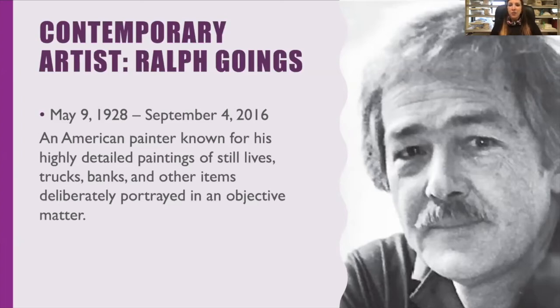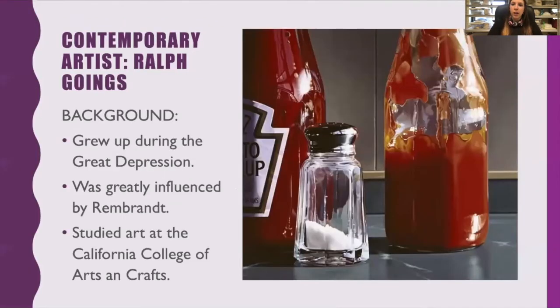And then you get into Ralph Goings, who is just very objective, like, here's what this object looks like. And so I'll show you a couple examples of his work, that photorealism. And he actually grew up during the Great Depression, which might have some kind of bearing on why he was so realistic and objective in his art making.